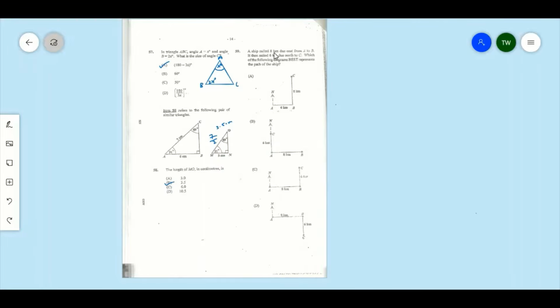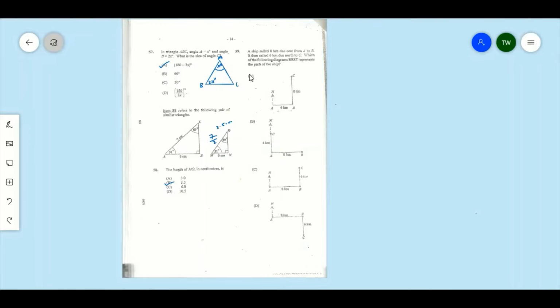Question 59. A ship sailed 8 kilometers due east from A to B. It then sailed 6 kilometers due north to C. Which of the following diagrams best represents the path of the ship? For option A, here we can see that from A to B, the ship is sailing 6 kilometers, and in the question they say that the ship sails 8 kilometers.